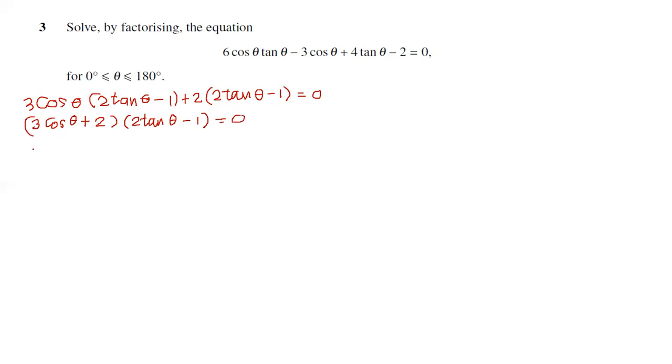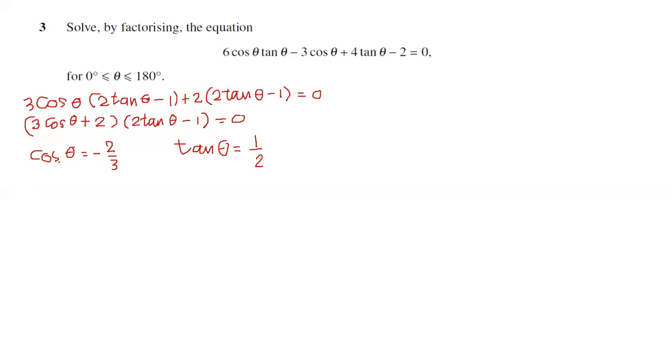So it becomes cos theta equals negative 2/3. And for this one, tan theta equals half.